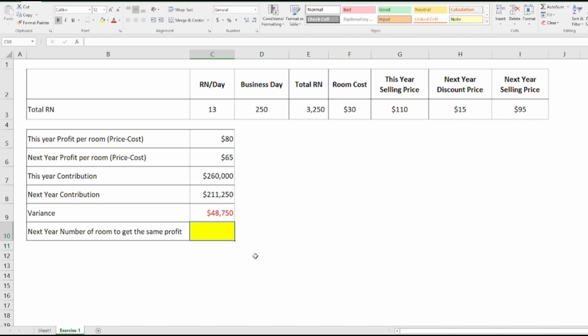We take the variance of 48,750 divided by the new profit of $65. So the client needs to support us with an additional 750 room nights.